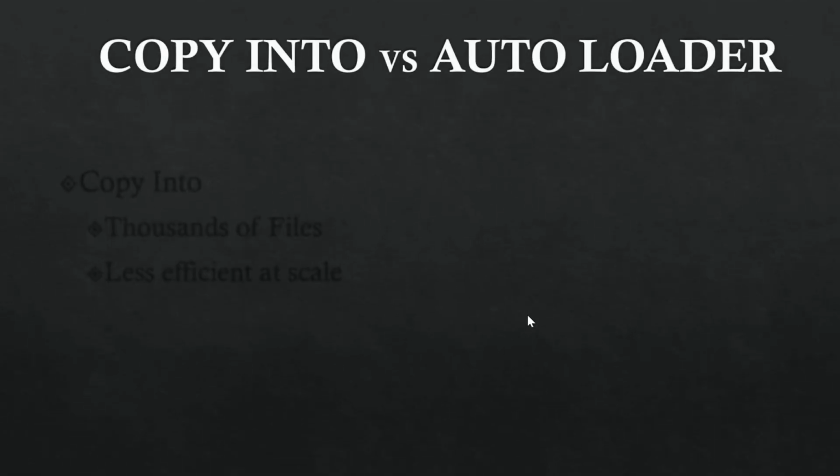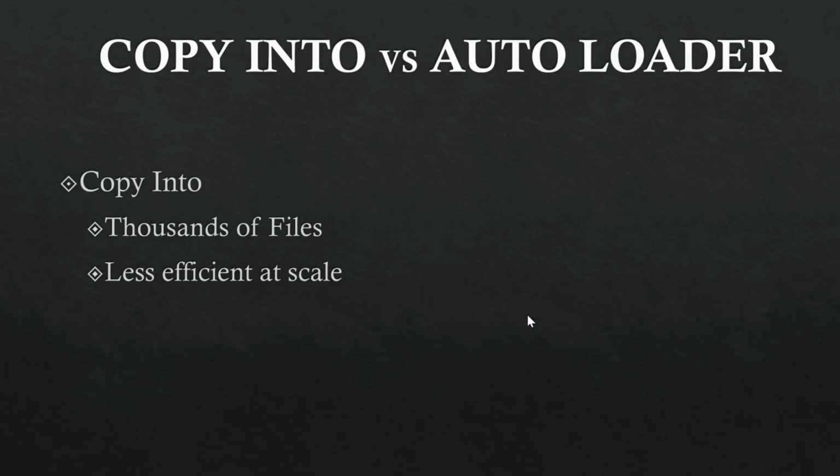So, copy into versus autoloader. Let's first discuss what is the difference between copy into and autoloader. In copy into, you can ingest files into your Delta table. If the number of files is less, let's say it's in the thousands, you can go ahead and use the copy into method.